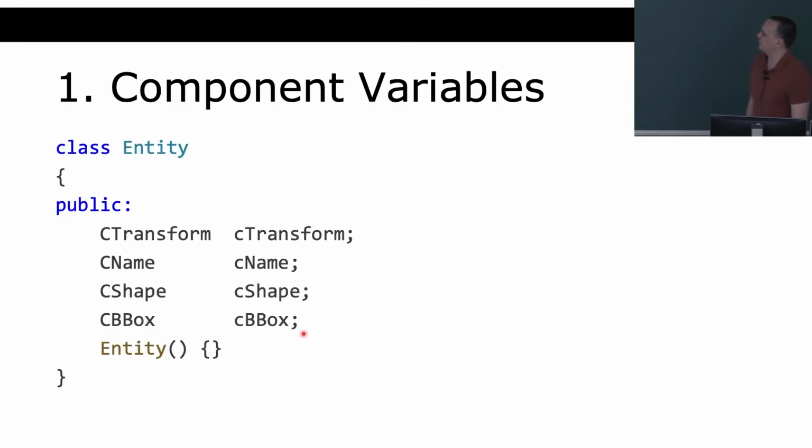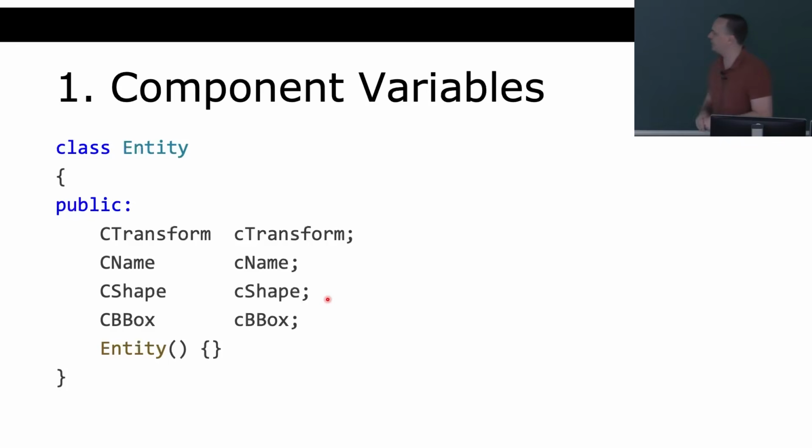One of the interesting things about this, though, is that at least in C++, we can't dynamically add variables to a class. Once I say that this is my entity class, how could I possibly add components or remove components from this?